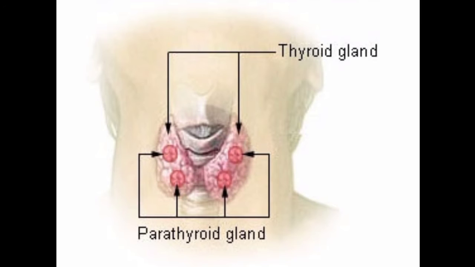The hormone released by the parathyroid gland is parathormone, called PTH. It regulates calcium and phosphorus level in blood. Hyposecretion can result in tetany, and hypersecretion can result in osteitis fibrosa cystica.